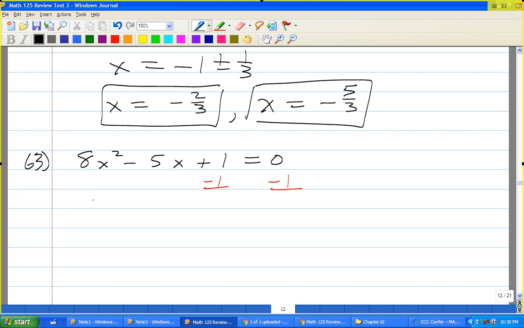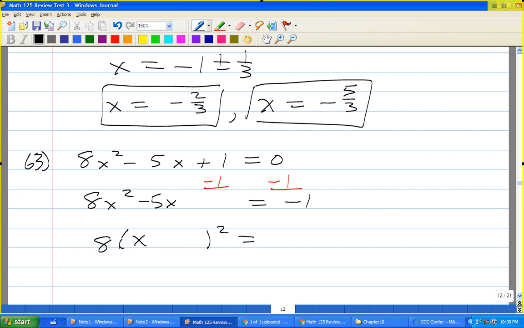And so 8x squared minus 5x is equal to negative 1. So let's rewrite this as a square. No matter what, it's going to be sort of horrible.